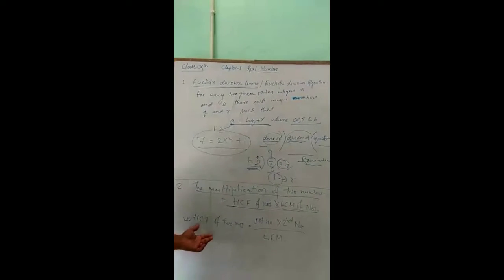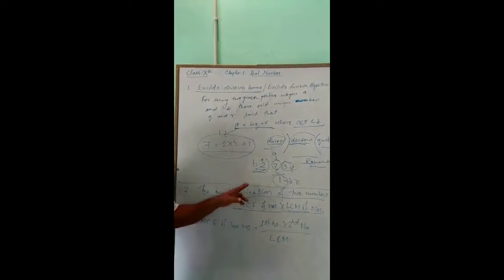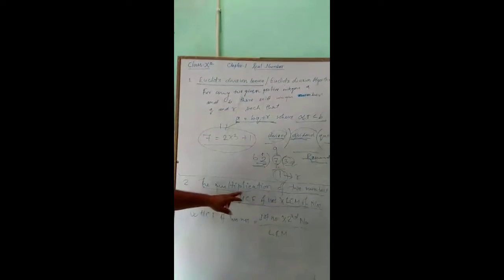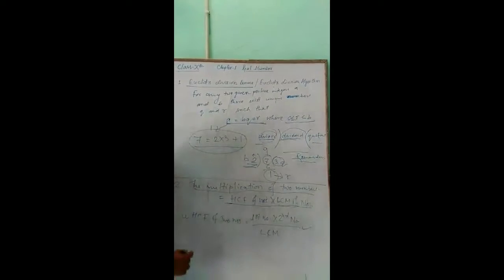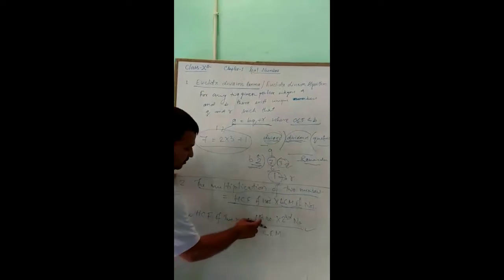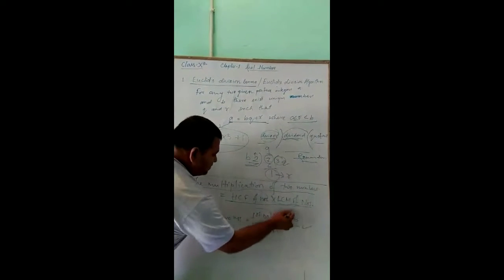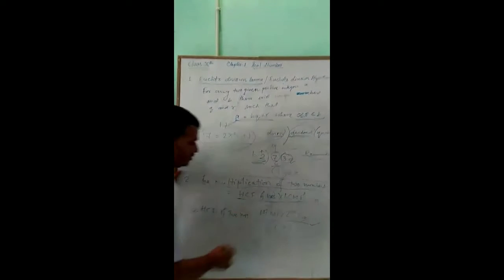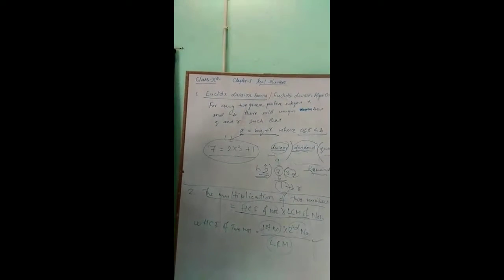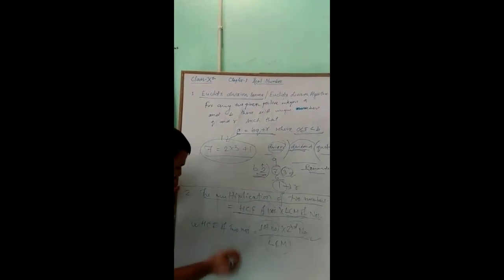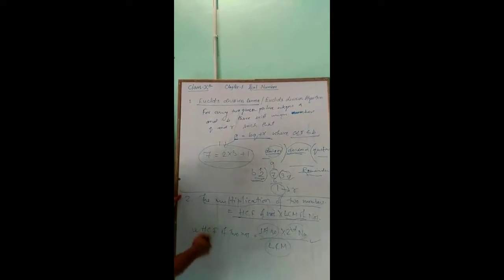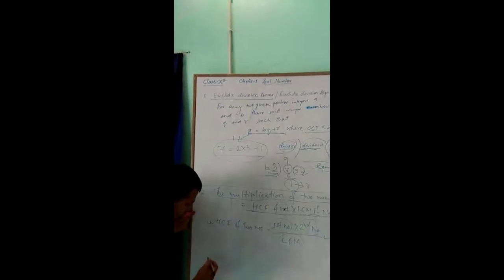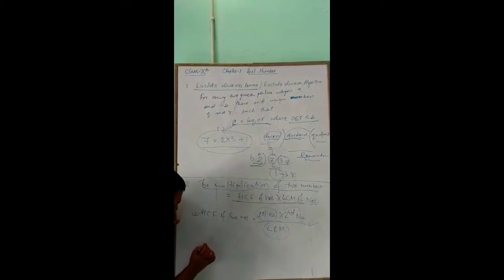Suppose that two numbers are given, then we can find out the HCF by the process if we know about the first number and second number and their LCM. Suppose that LCM is not given, we have to find out the LCM, and HCF and two numbers are given, then we can find out by this formula.